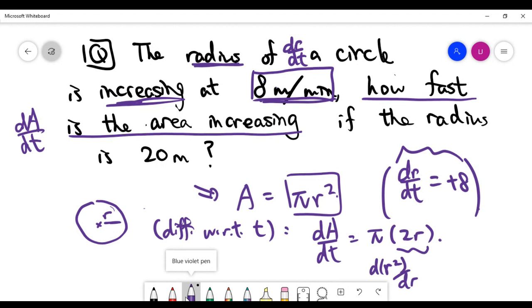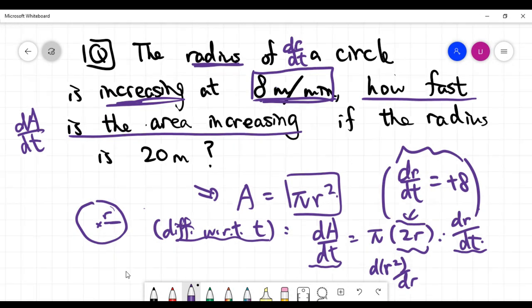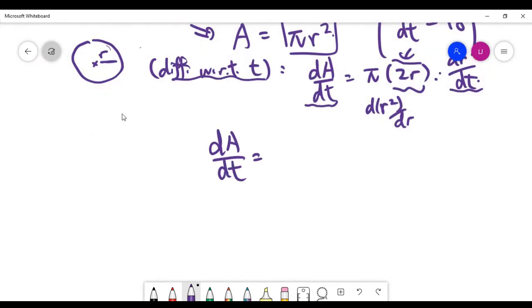And those of you who are good with the chain rule could understand that I'm using the chain rule here, because on the left-hand side I actually would like to differentiate both sides by variable t, but this answer is only the derivative of the function with respect to r, right? So there's a change of variable. The second factor attached to it by the chain rule is dr/dt. And now the answer is pretty clear. You have the equation dA/dt equals 2 pi r times dr/dt.